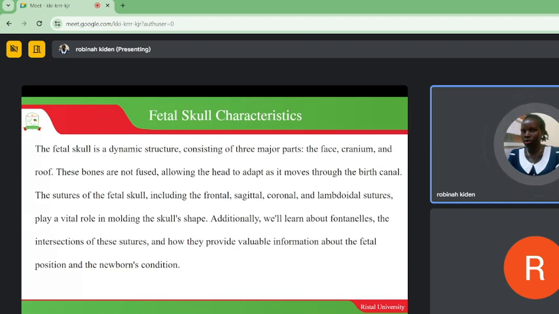The sutures of the fetal skull, including the frontal, sagittal, coronal, and lambdoidal sutures, play a vital role in molding the skull's shape. Additionally, we will learn about fontanelles, the intersections of these sutures, and how they provide valuable information about the fetal position and the newborn's condition. So we shall look at all that.